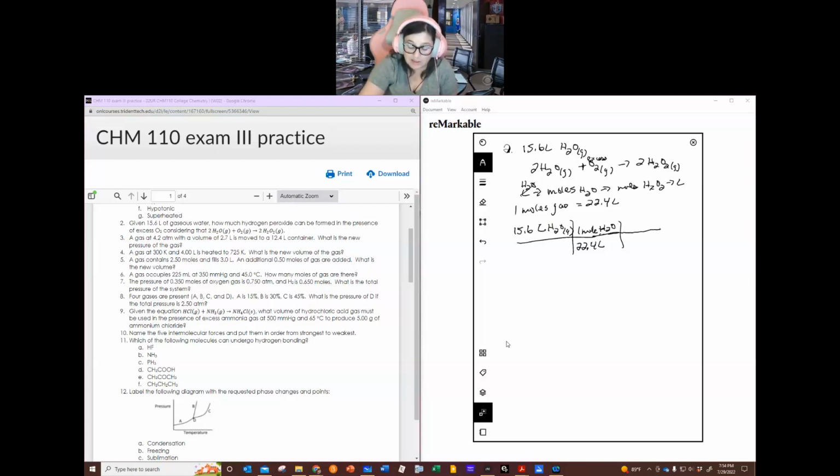All right, if I know moles of H2O and I want to go to moles of H2O2, I need the molar ratio between the two of them. Now, I get my molar ratio from the balanced equation. So that is written right here. So I know that 2 moles of H2O consumed makes 2 moles of H2O2.